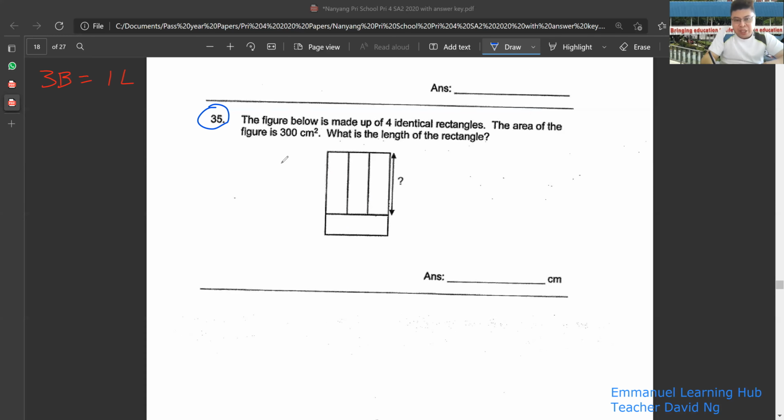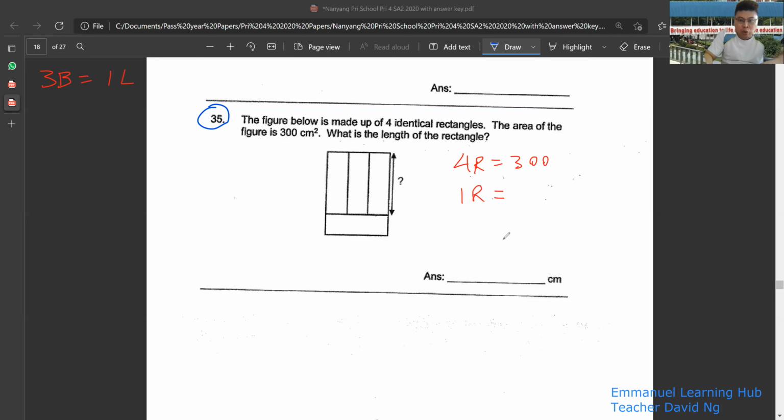The area of the figure is 300. How many rectangles are there? 4. 4 rectangles. Good. So 4 rectangles is 300, the area.